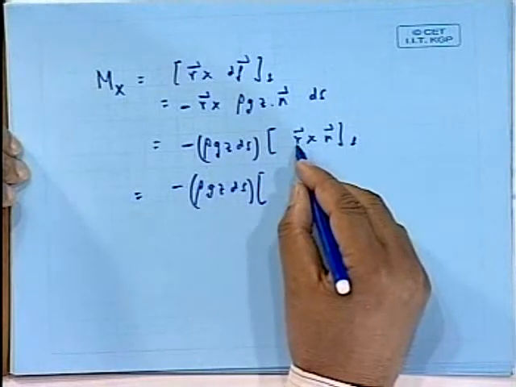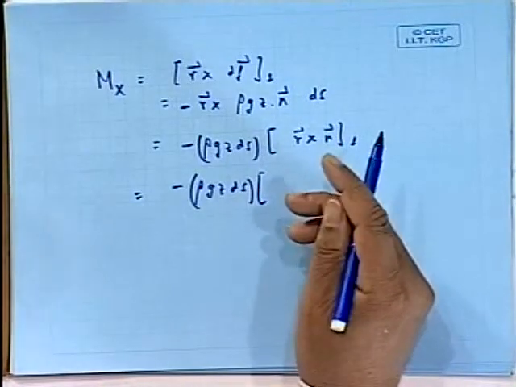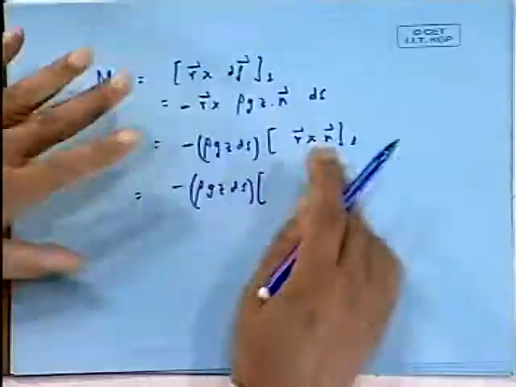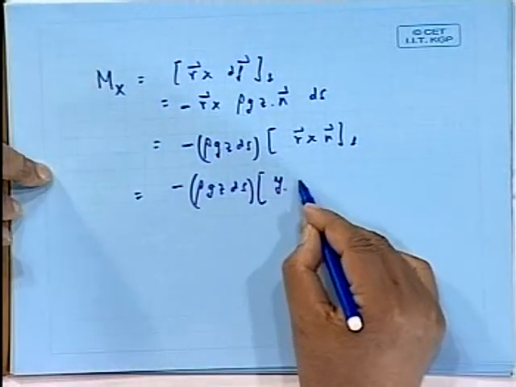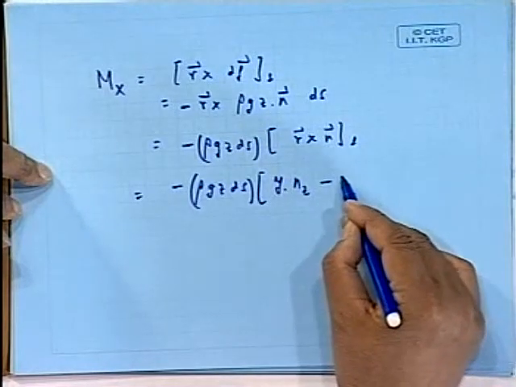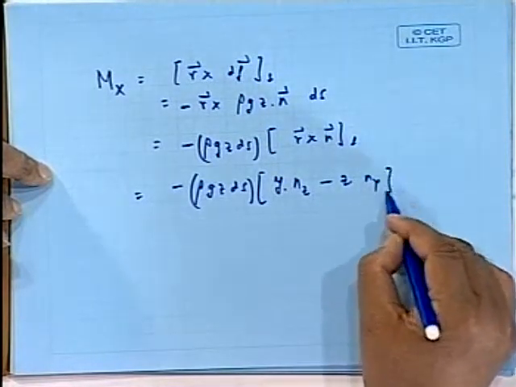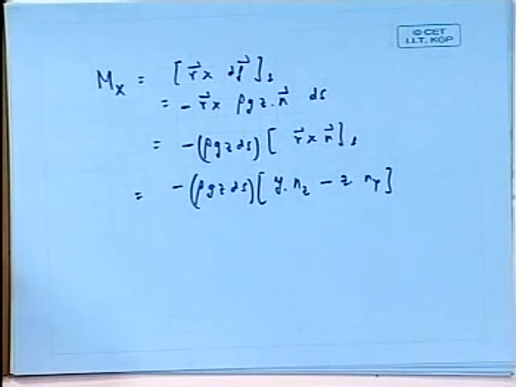This will become, r is actually ix plus yj etc., the first part for mx will turn out to be y into nz minus z into ny. I am just writing it, assuming we can do it.